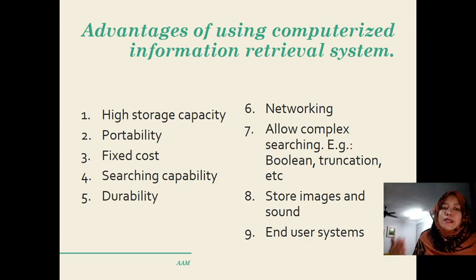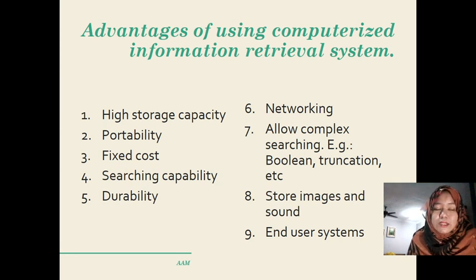Then searching capabilities: you can just type, it's much easier for all of us. Then durability, and networking, which allows complex searching, for example Boolean and truncation and so on. You can use your creativity to find the information, by using search strategies.